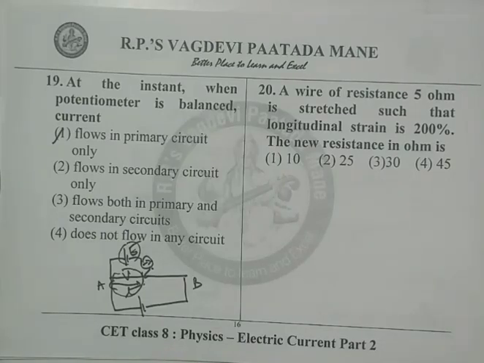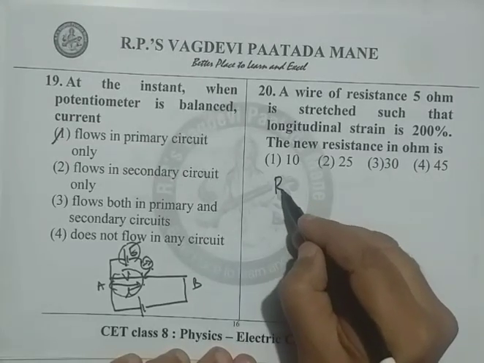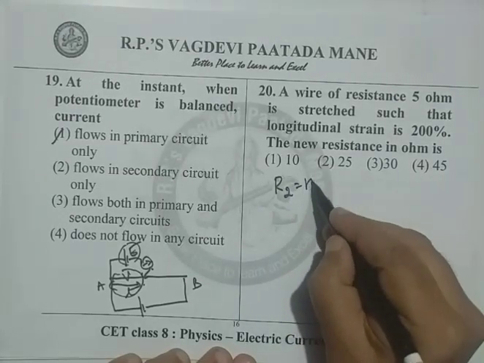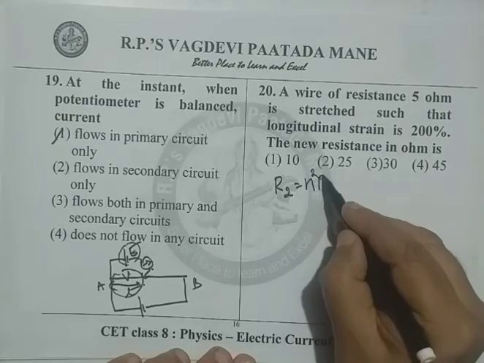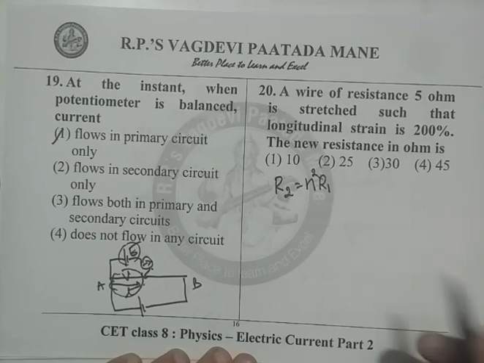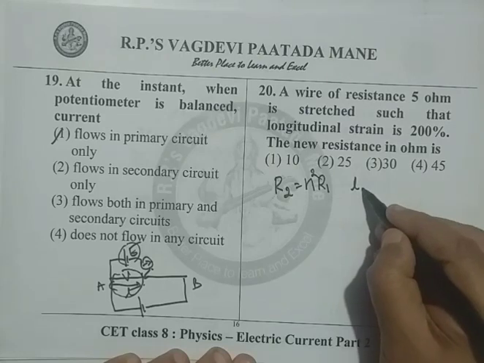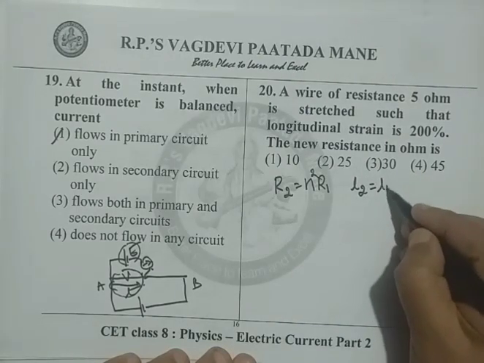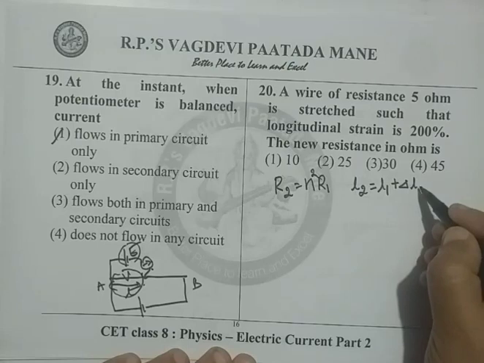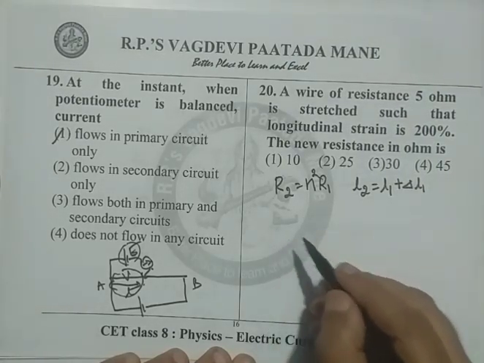A wire of resistance 5 ohm is stretched such that the longitudinal strain is 200%. The new resistance in ohms? We know when a wire is stretched, the new resistance is N square R1, where N is the number of times the length is increased. We can write L2 as L1 plus delta L1.